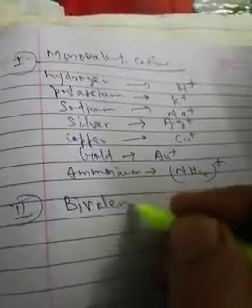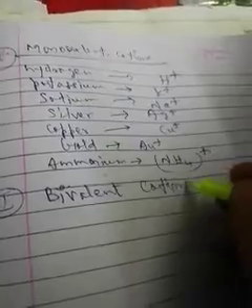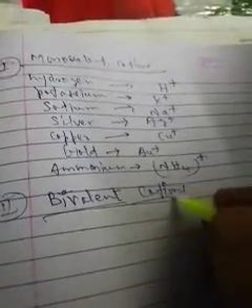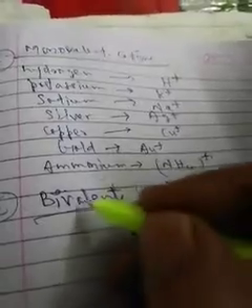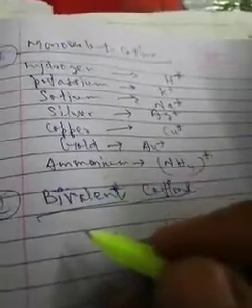Now let us talk about divalent or bivalent cations. Bivalent means two valency.